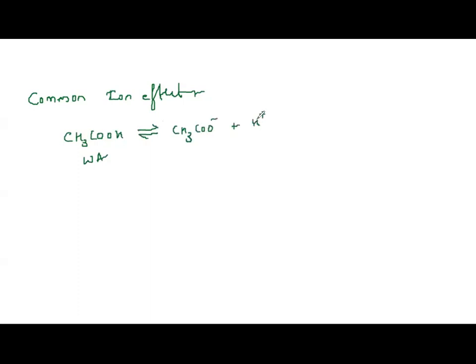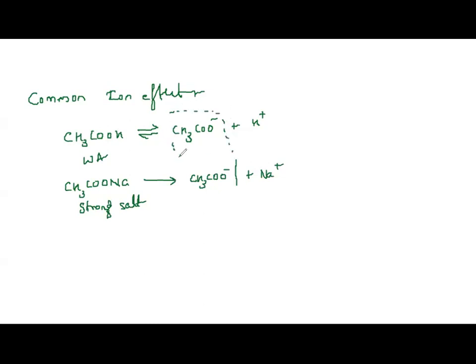Acetic acid being a weak electrolyte, its ionization is suppressed in the presence of a strong acid or a strong salt like sodium acetate. I will add a salt, sodium acetate. It is a strong salt, so it will ionize completely and give CH3COO minus plus Na plus, acetate ions and sodium ions. Can you see these common ions?